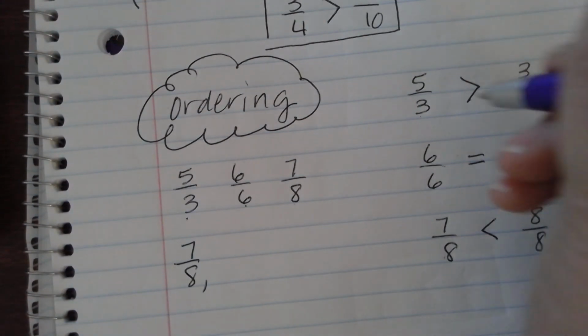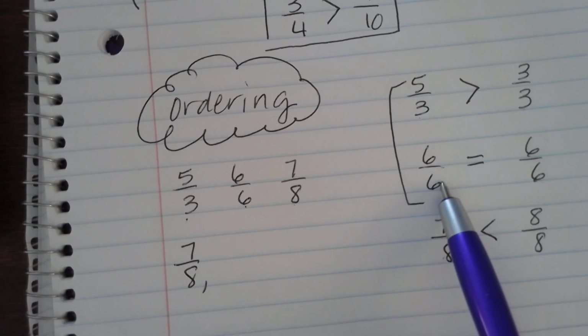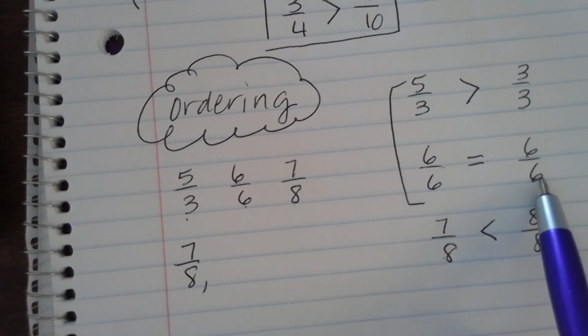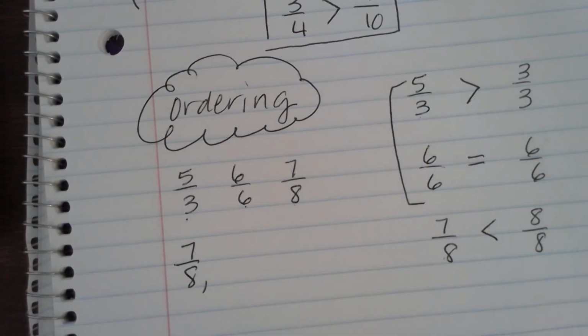That leaves me here with 5/3 and 6/6. Violet, how would you compare those two? If you were deciding which one's smaller out of these two, what would you look at? How many wholes they have and how much left over do they have? Well, 6/6 is equal to 1 whole, right? But 5/3 has a whole and 2 extra.